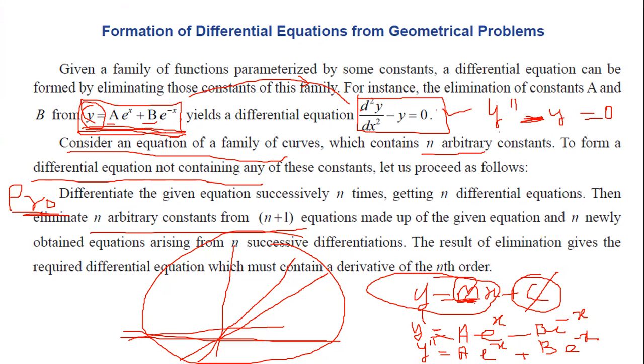So this is the method to form the differential equation. In case only one arbitrary constant is there, then you will get the differential equation in first order. Please make a note. Please mute your audio.